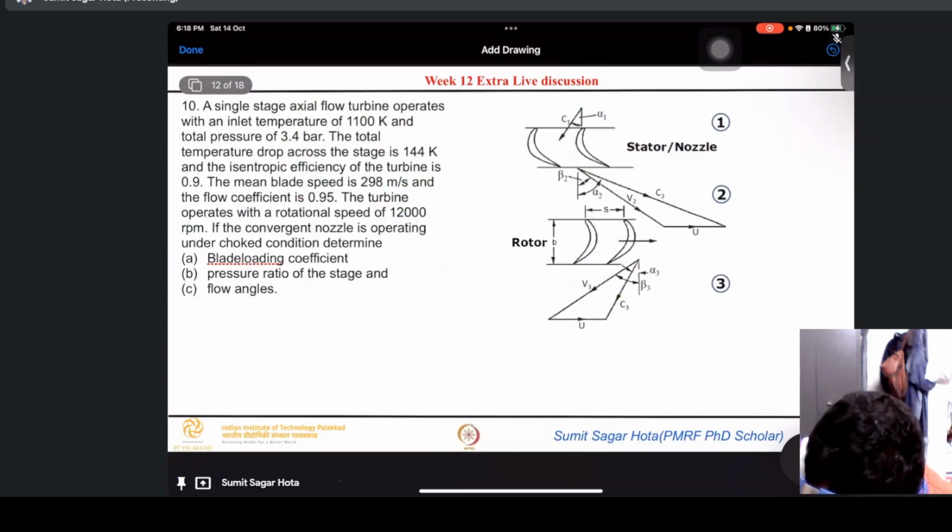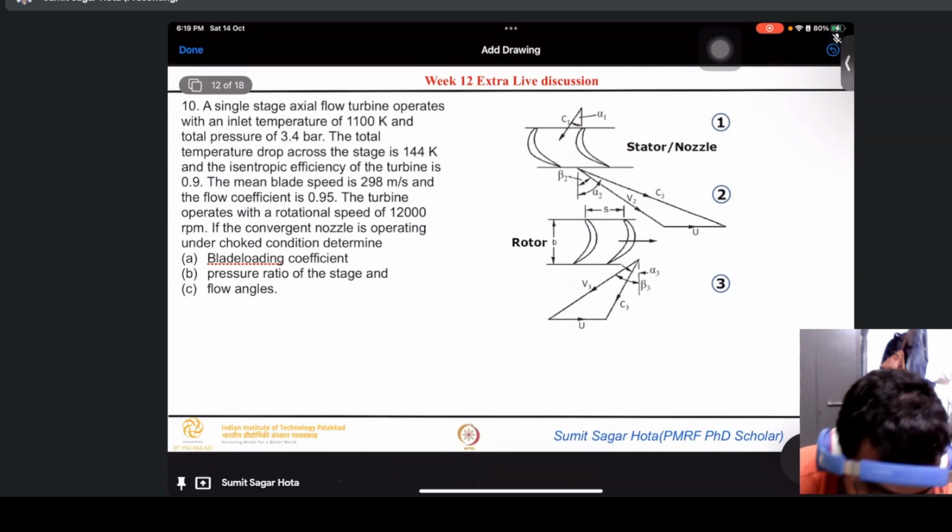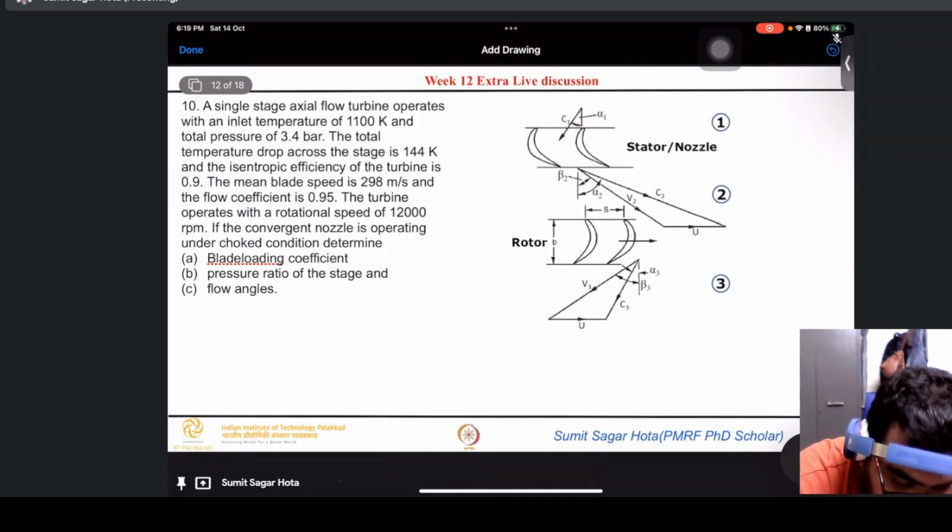Where is Cp? Okay, Cp is not given, but Cp you should find out, okay, for the corresponding mean temperature.